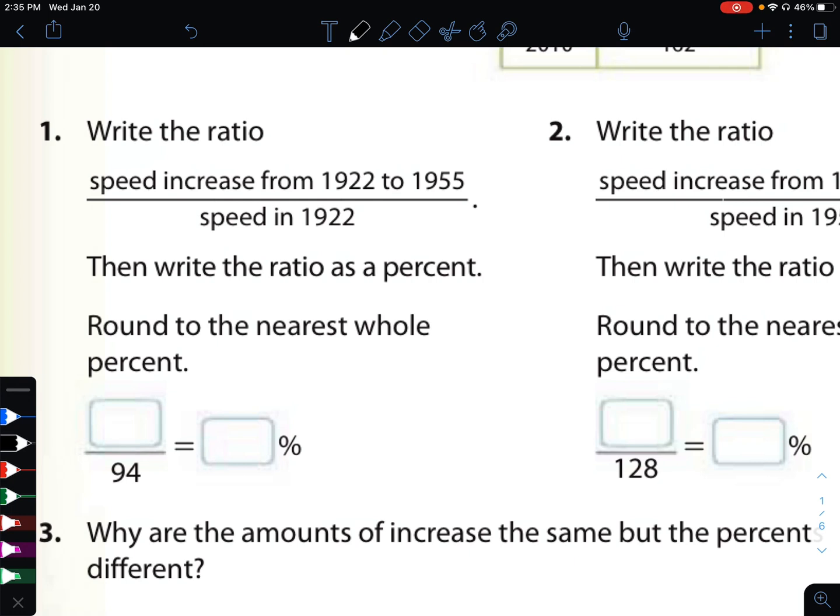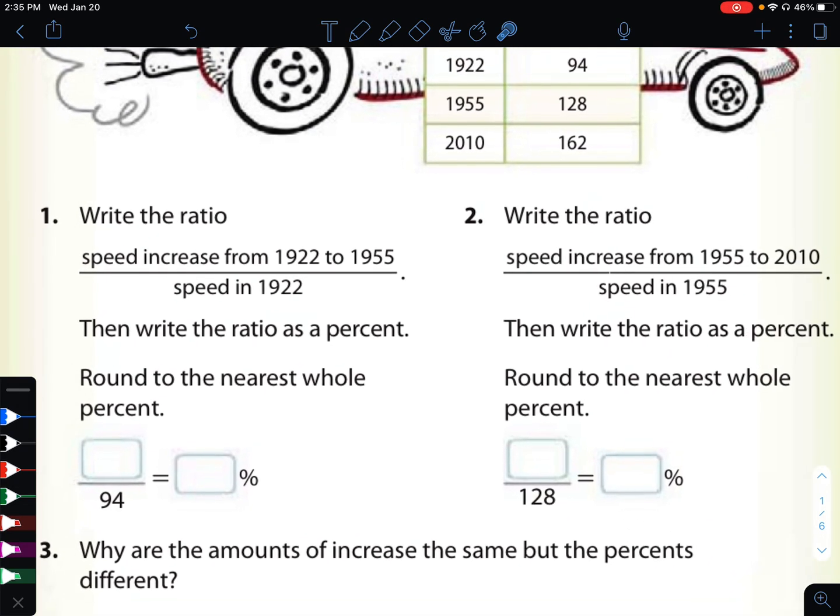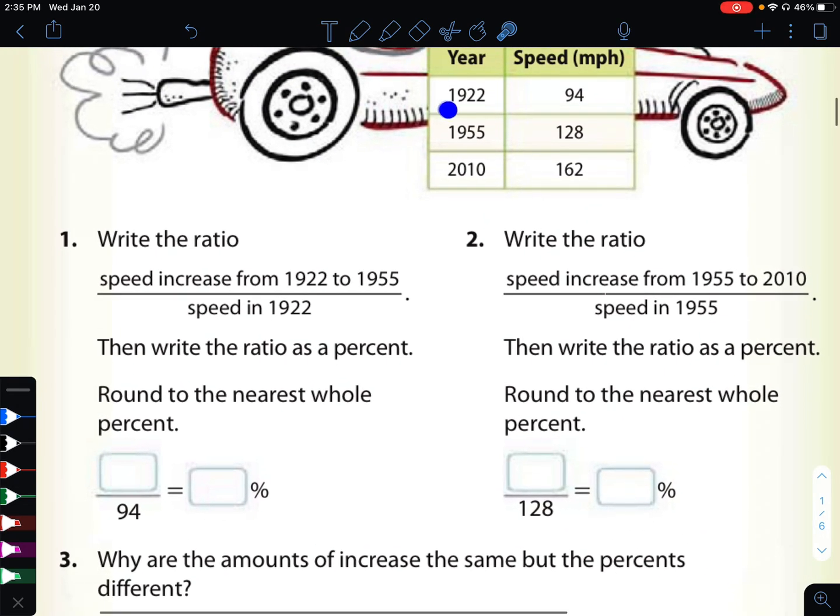Then the next thing we need to do is write the ratio as a percent, and then round the percent to the nearest whole percent. So the speed increase from 1922 to 1955 is 34.